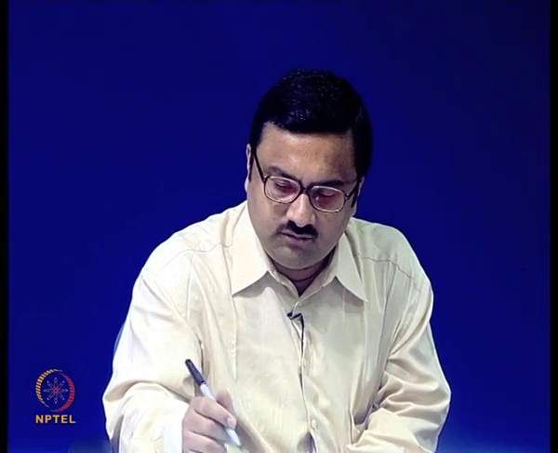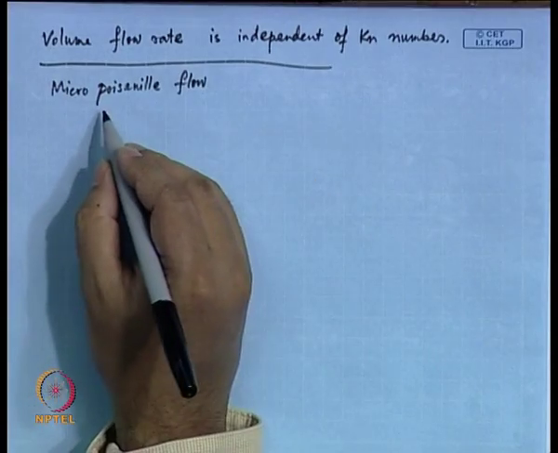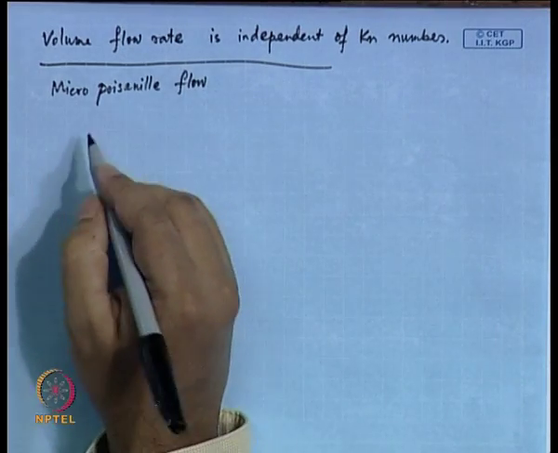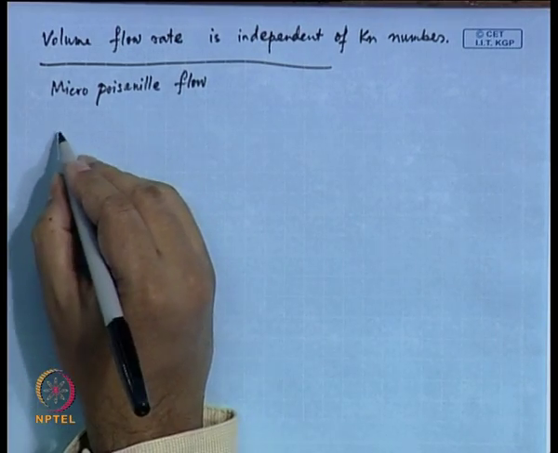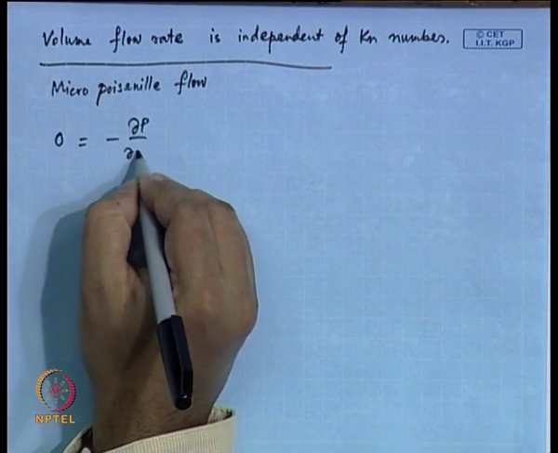I would not solve it the way we have done it here. I will just give you the final expressions, and that is all I would like to say here. Now, the Navier-Stokes equation in this case will be reduced to this form.